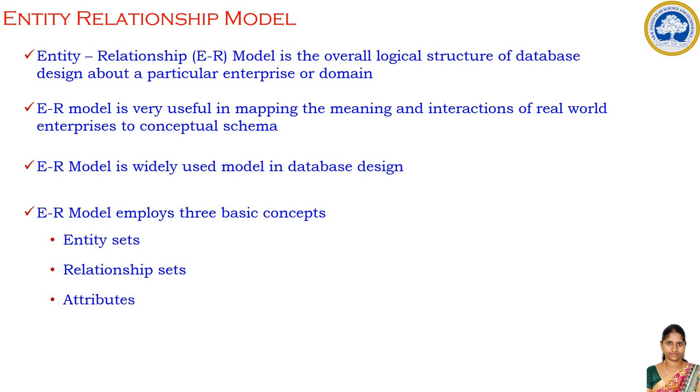Then the relationship set. What is a relationship set? It is how two entities are related. For example, student and department, two different entities. The student studies under the department, so here studying is a relationship.